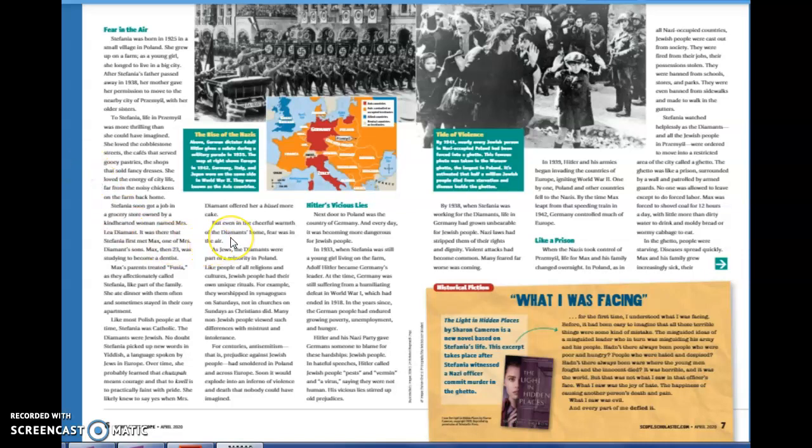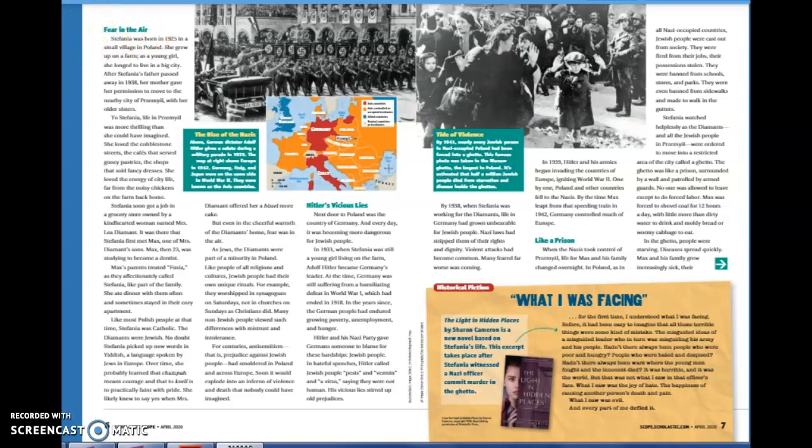And the family that she was living with had to even move into the ghetto along with a lot of the other Jewish people who had been forced to move there. So she was afraid for that family, and she knew that she wanted to do something.